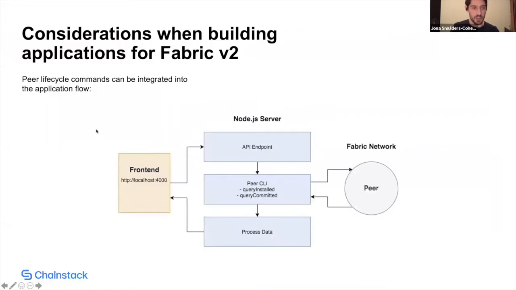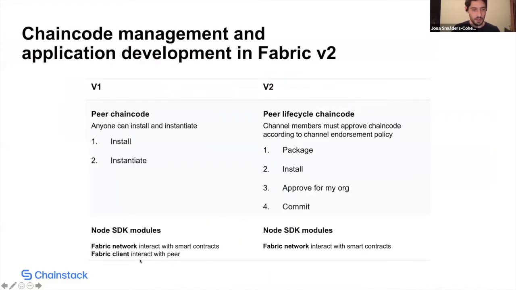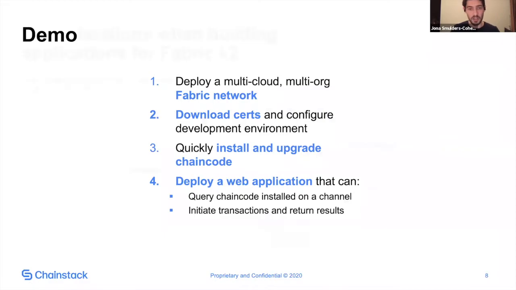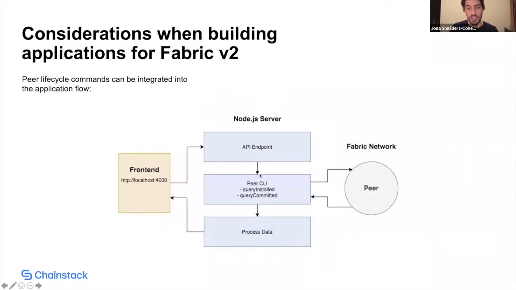We've actually integrated, as I mentioned previously, the Fabric client module of the Node SDK has been dropped in v2 of Fabric. We are now instead using the peer CLI to interact with our peer within this application to query the chain code that's been installed on our peer and committed to the network.